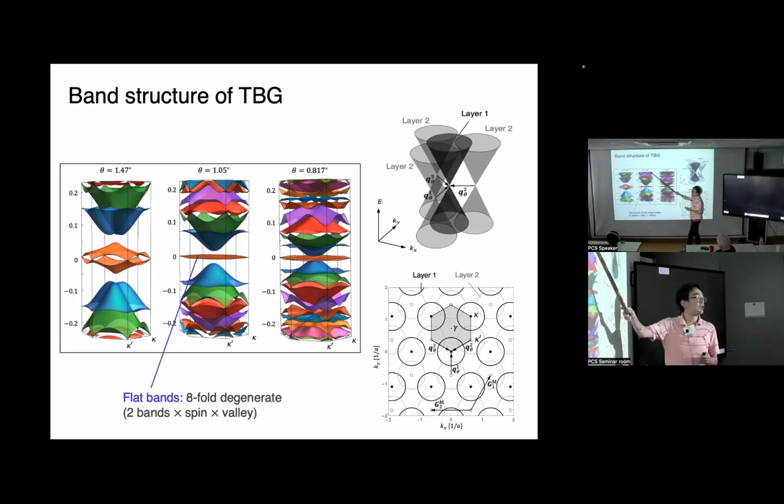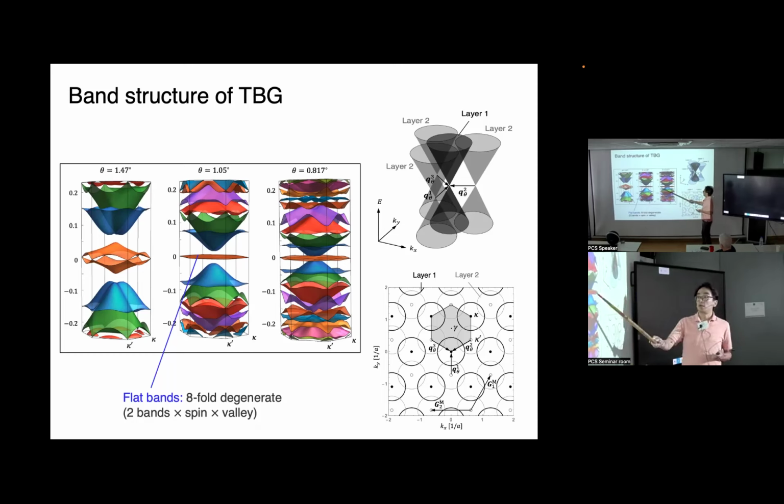This is called the magic angle. And the flat band is actually eight-fold degenerate. We have the original two bands, one electron band and one hole band, and this set exists for every spin and valley: spin up and down, and valley K and K prime. At the end, we have an eight-fold degenerate flat band. If you go to an even smaller angle, some dispersion comes back.